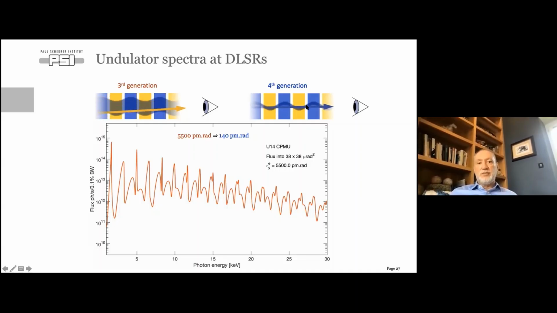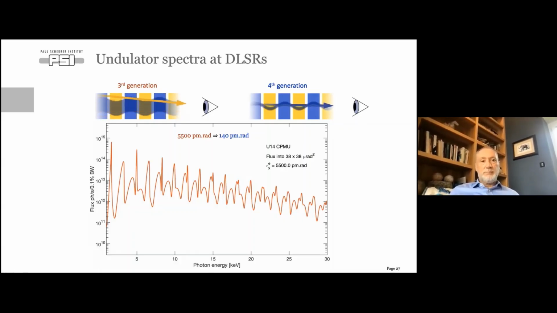Now, this off-axis radiation produces these large lobes, which you can see in this plot of an undulator spectrum at a theoretical third-generation facility, which has an electron emittance of 5.5 nanometer radians. I'm just going to run this animation to go from 5,500 picometer radians, 5.5 nanometer radians, down to 140 picometer radians.